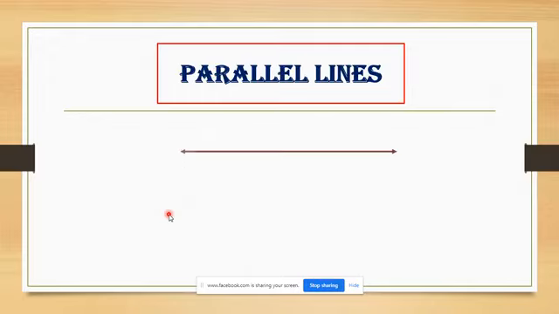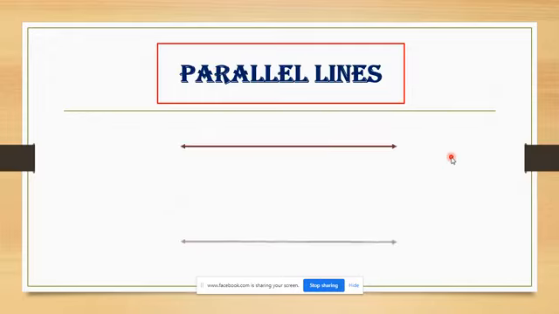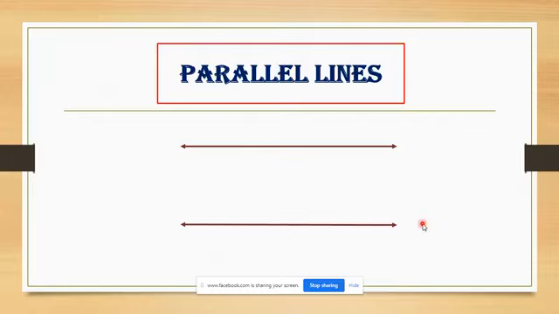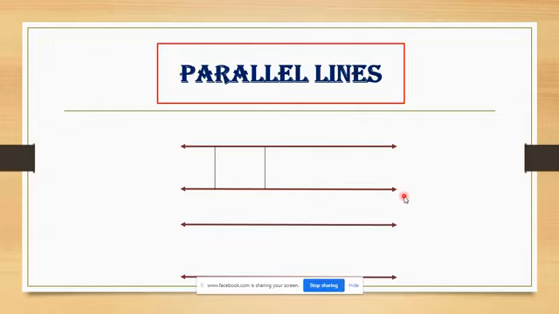We will see another figure. See, suppose this is line L and this is line M. We can draw another line like N, line O, and now we will measure the distance between the line L and O. See, it is actually the same.